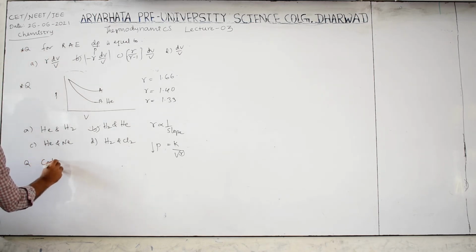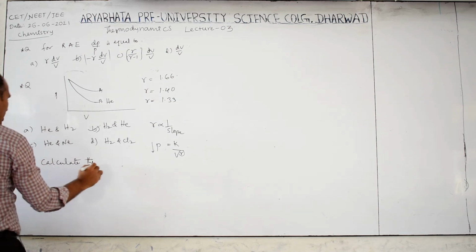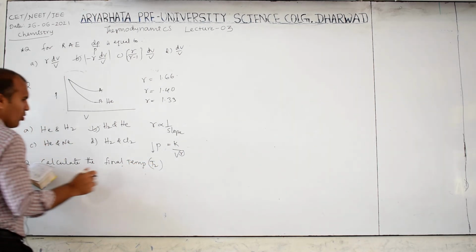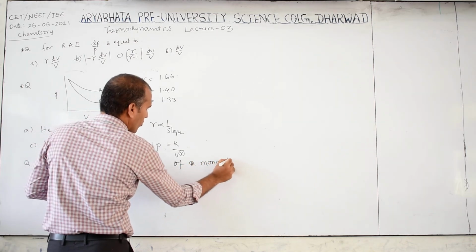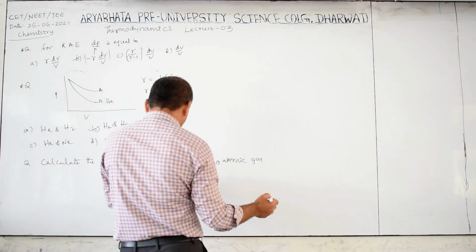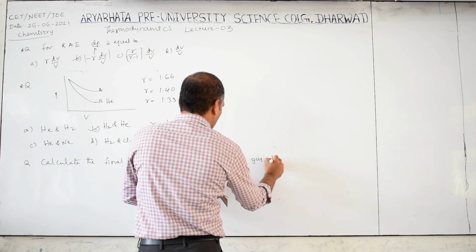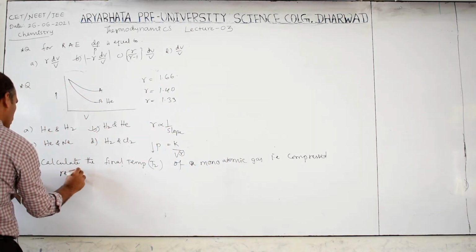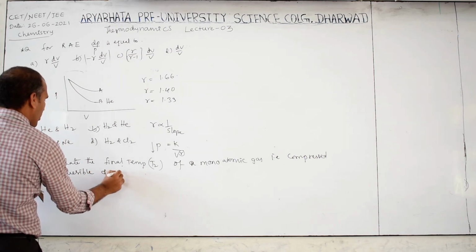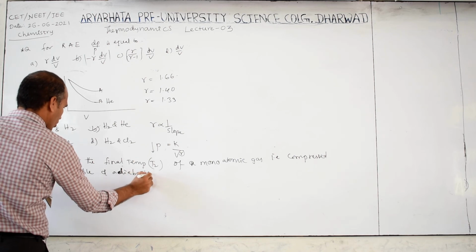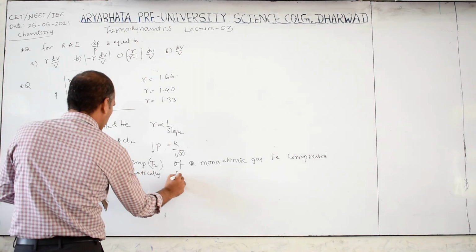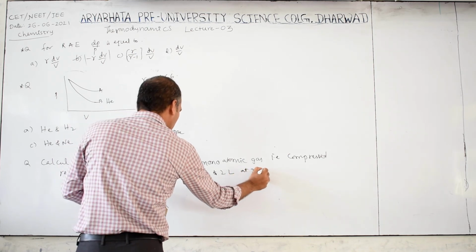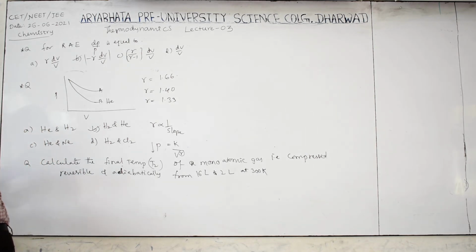Calculate the final temperature, T2, of a monoatomic ideal gas that is compressed reversibly and adiabatically from 16 liter to 2 liter at 300 Kelvin.